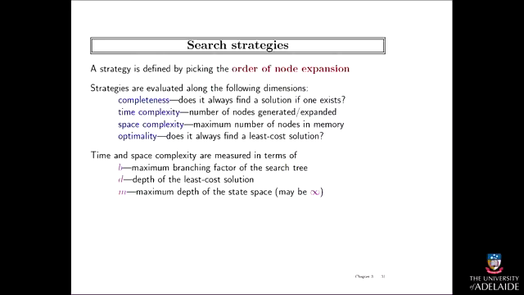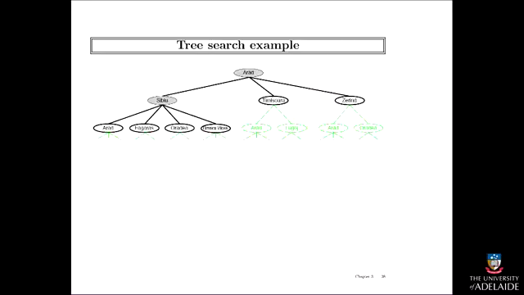It's possible that the state space could be infinitely deep for a number of reasons. For example, there might be loops. If we go back to here, notice that at this point, from Arad we've gone down to Sibiu. One possible option open to us is that we go back to Arad. Now, any sensible agent would not do that.